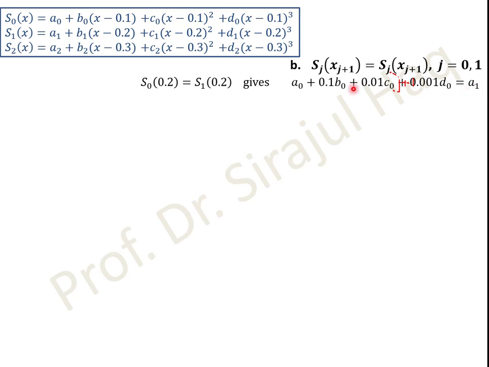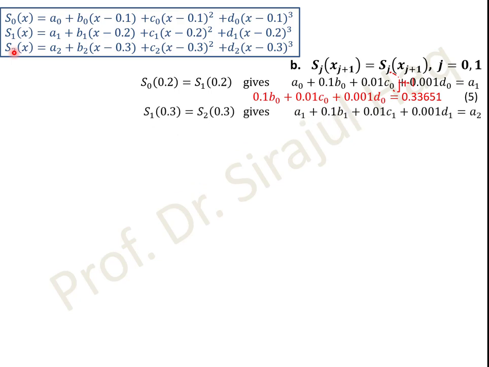Since the values of A1 and A0 are known, let us substitute these values. When you substitute these values, A1 minus A0 is given by this value. So we got another equation, which is equation number 5 at the common point. Similarly, S1 and S2 coincide at 0.3.